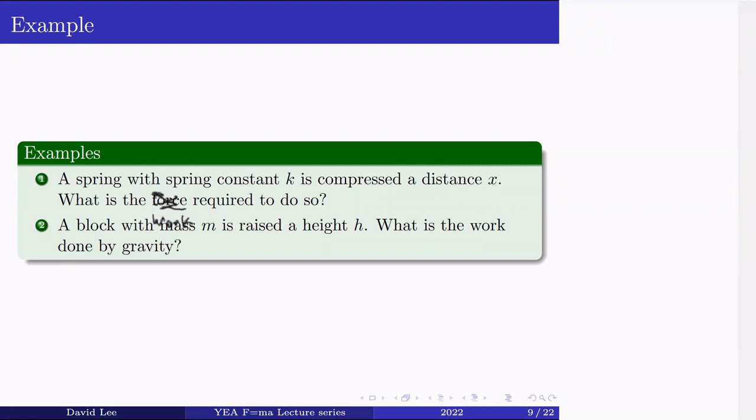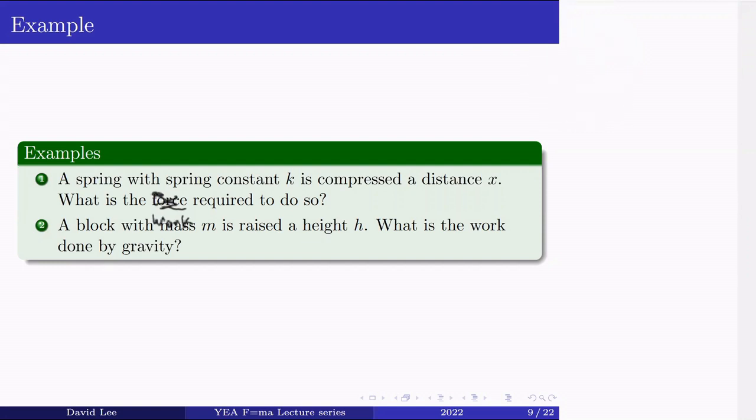All right, it's been a few minutes, so let's go over this. Number one should have asked for the work. Actually, let me go over number two first. For number two, it seems pretty straightforward.